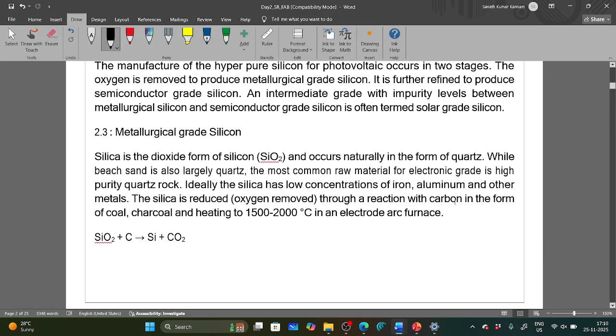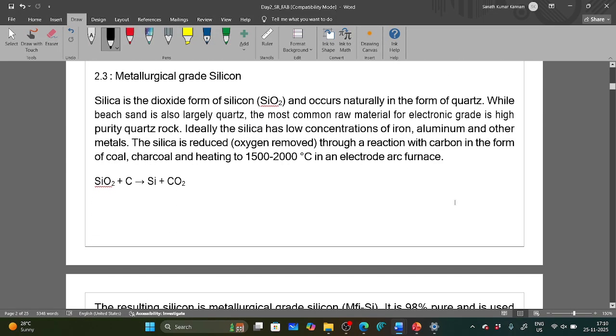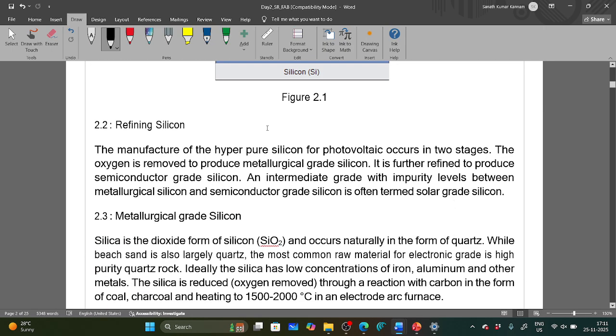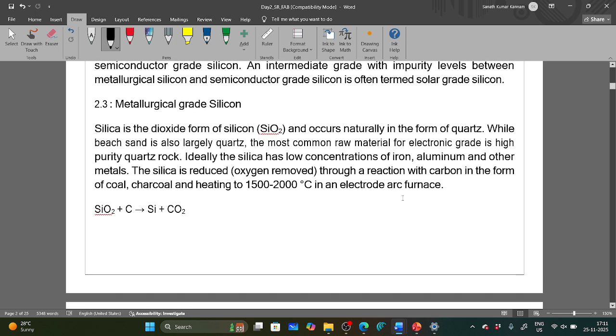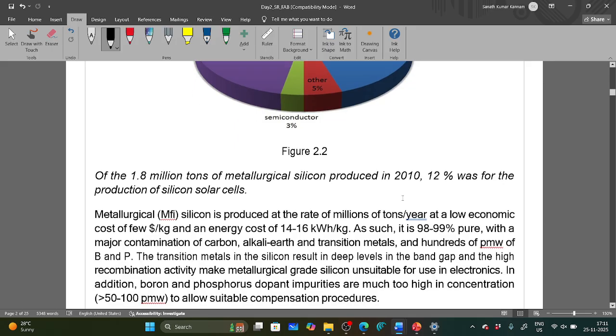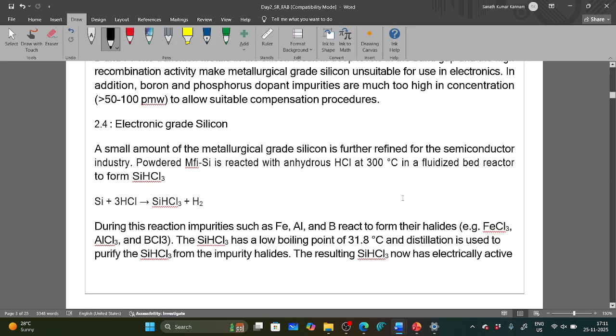Basically, we refine silicon in two steps. One is metallurgical graded silicon, and the next one is electronic graded silicon.